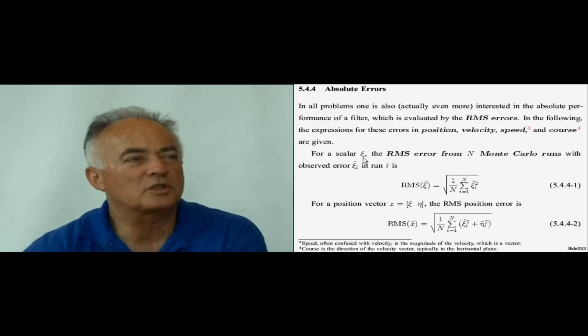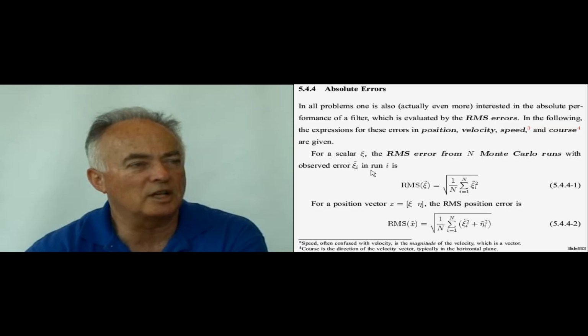So, for a scalar psi, the root mean square error from N Monte Carlo runs with observed errors psi tilde i in run i. This RMS value is the root of the mean of the squares. So, as the word RMS says, it's root mean square error.